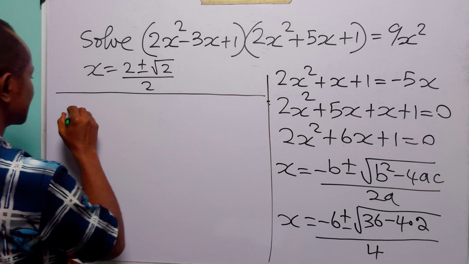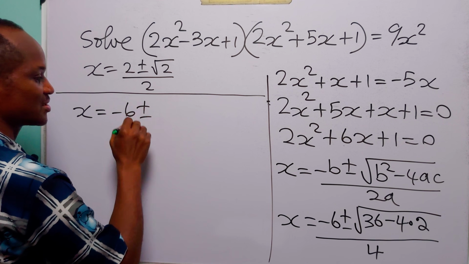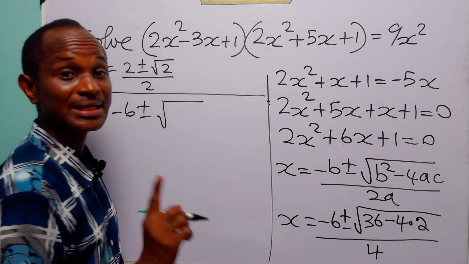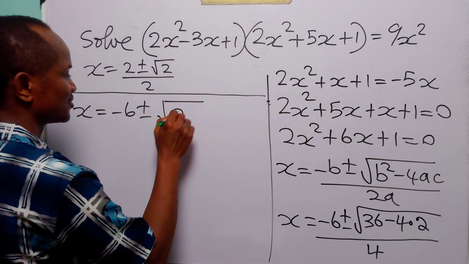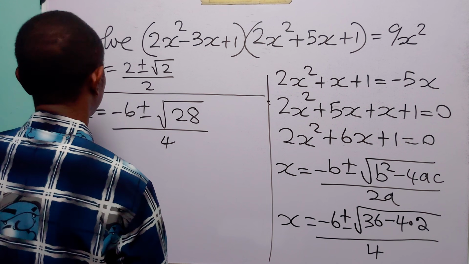And from here we have that x is equal to minus 6 plus or minus the square root of 36 minus 8, where 4 times 2 is 8. 36 minus 8 is 28, divided by 4.